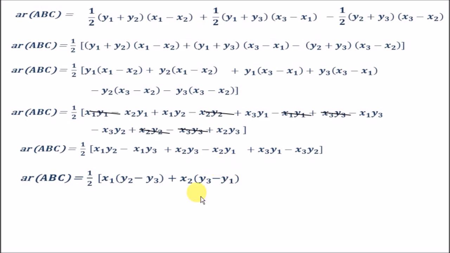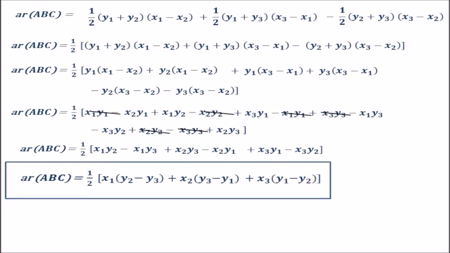And finally from the last two terms we can take x3 common, so inside bracket we will have y1 minus y2. So we have got the expression area of triangle ABC equals half into x1 within brackets y2 minus y3 plus x2 within brackets y3 minus y1 plus x3 within brackets y1 minus y2.